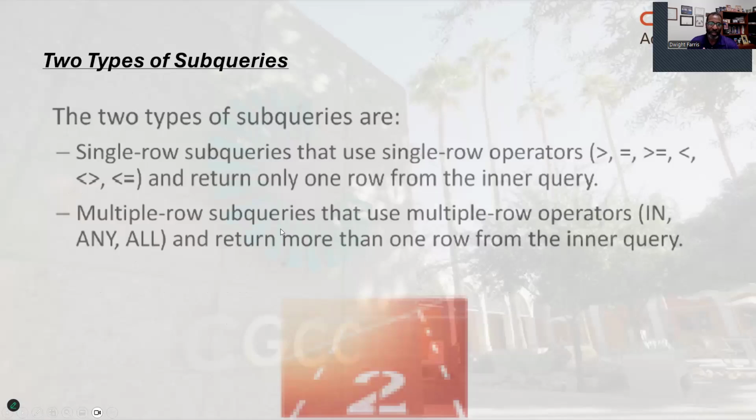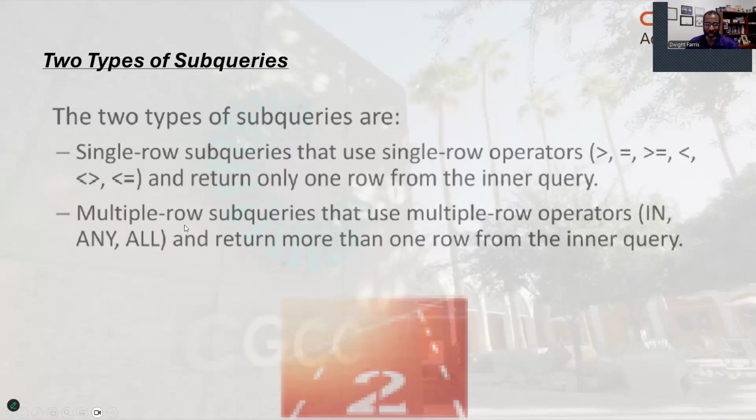Okay. So there are 2 types of subqueries. There's a single row subquery that uses single row operators: greater than, equal to, greater than or equal to, less than, not equal to, or less than or equal to. And it returns only one row from the inner query, hence the name single row.